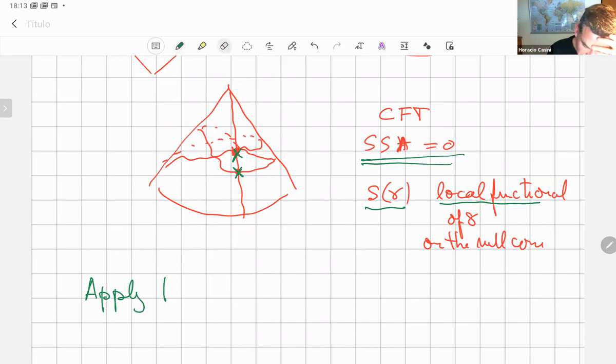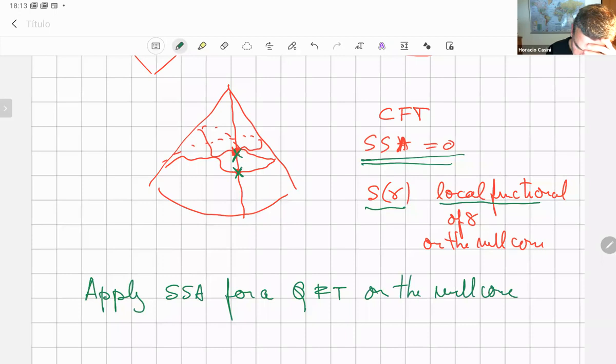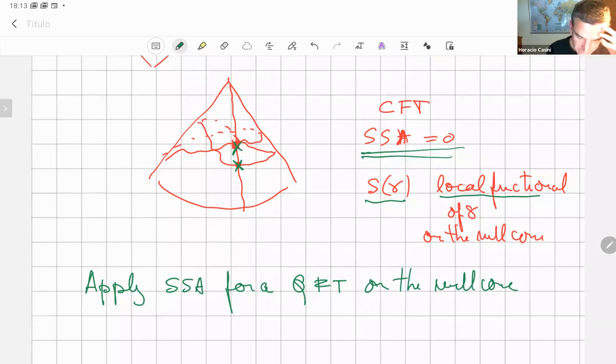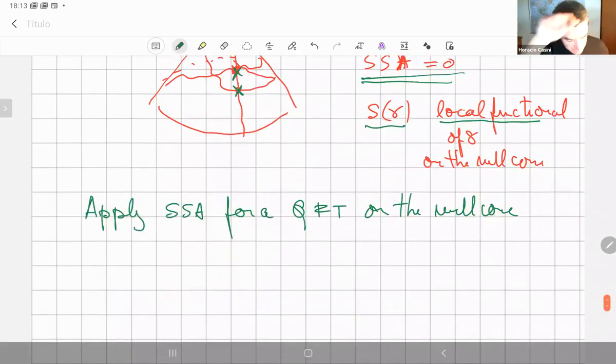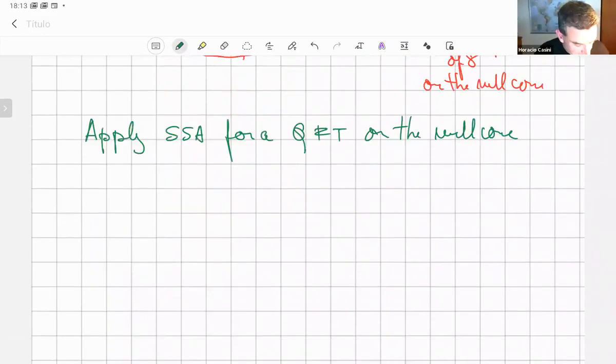So we have to apply strong superadditivity on the null cone. And automatically, this inequality will be 0 for the ultraviolet fixed point.